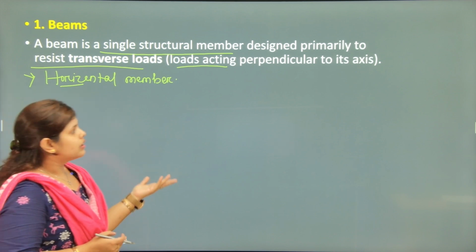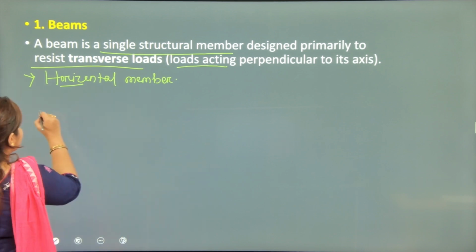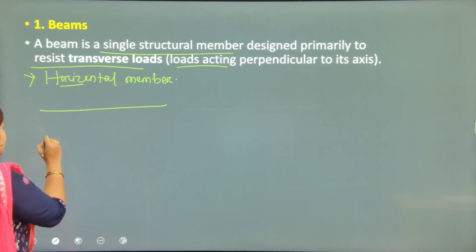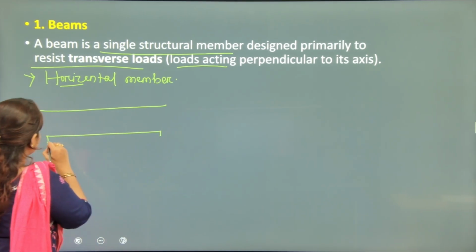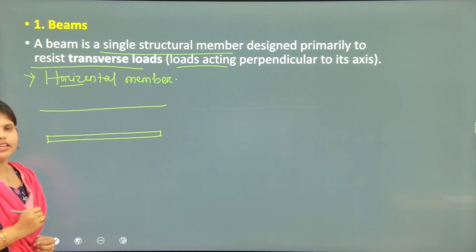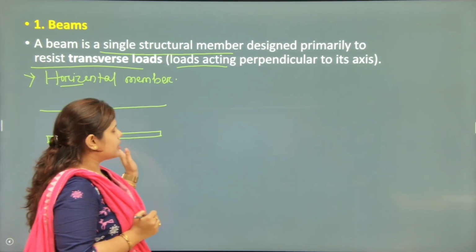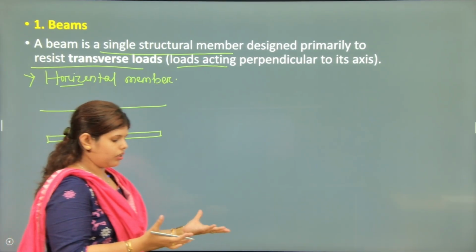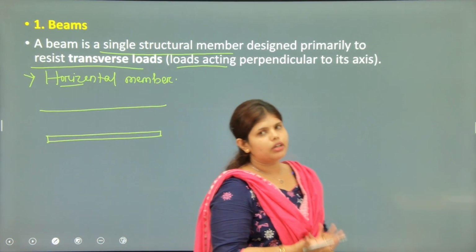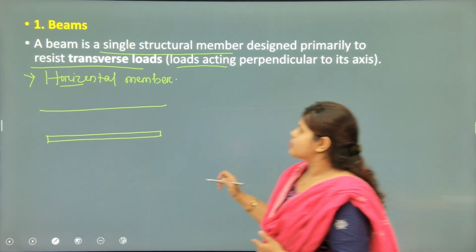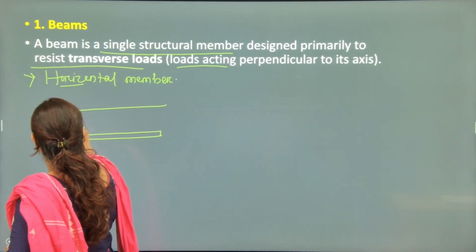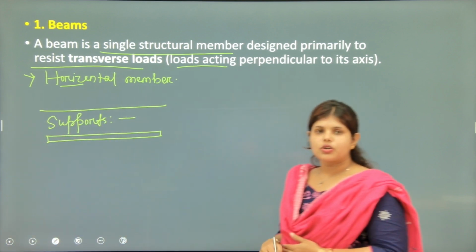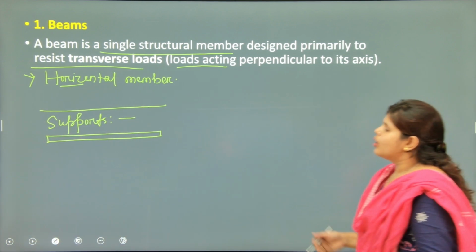We will understand that. So, if we just draw a single line, that is going to be a beam. If we draw a rectangular box, that is also a beam. So to sustain the load of a beam, we need supports. We already discussed supports and reactions in our previous classes, so I just need to remind what the supports are.